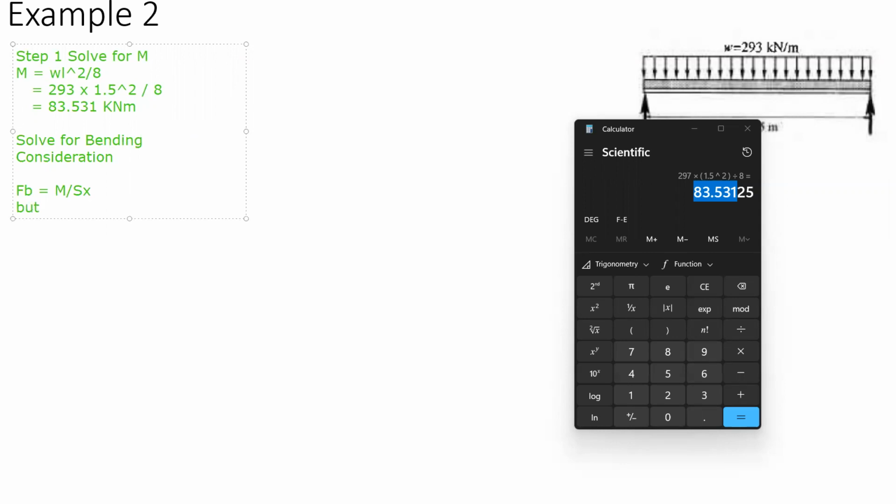But from the formulas I gave earlier, FB allowable should be equal to 0.66 Fy. Our Fy is given, so let's solve for FB allowable. FB is equal to 0.66 times 248. So we get the value of FB, 163.68.